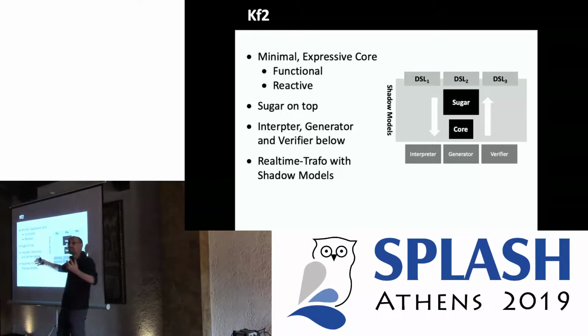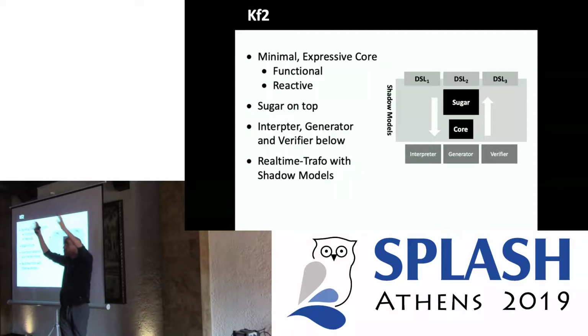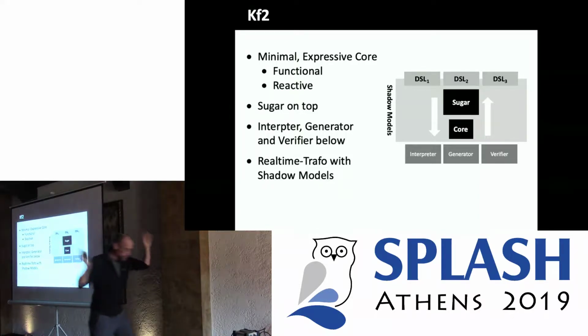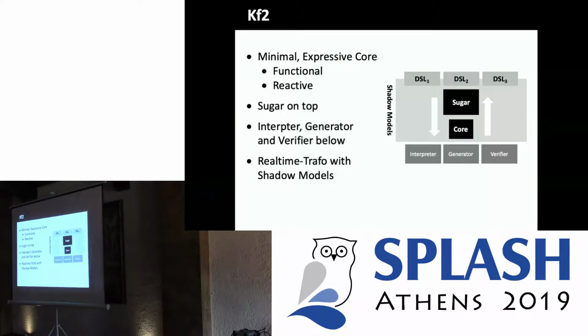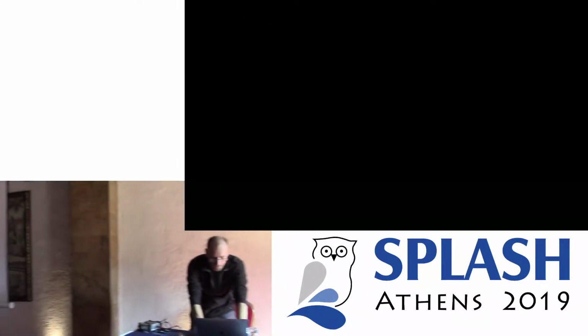So the idea is having a complex language reducing to something simple. The idea is old, and generators have done that forever in MPS, but doing that incrementally in real time so that you can immediately run the interpreter, which is defined for the core language, that is new. So too many words, I'm going to show it to you, and then it's going to become very clear.